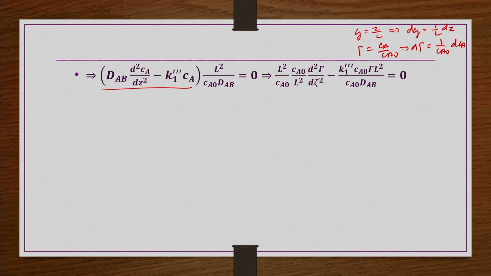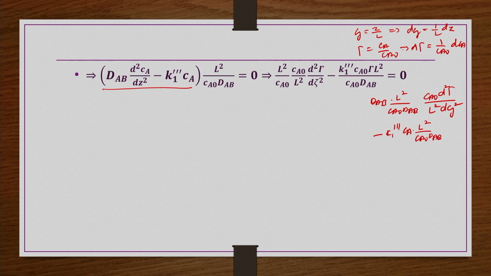So, now here first we have the first term dAB, and then multiplying by L square divided by Ca naught dAB, and then in place of this d square Ca we have Ca naught d square gamma divided by, in place of dz square we have L square d zeta square, minus k1 triple prime Ca multiplied by L square by Ca naught dAB, this is the other term.